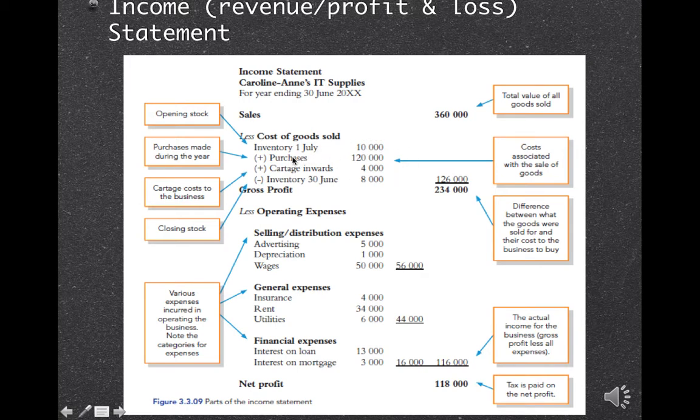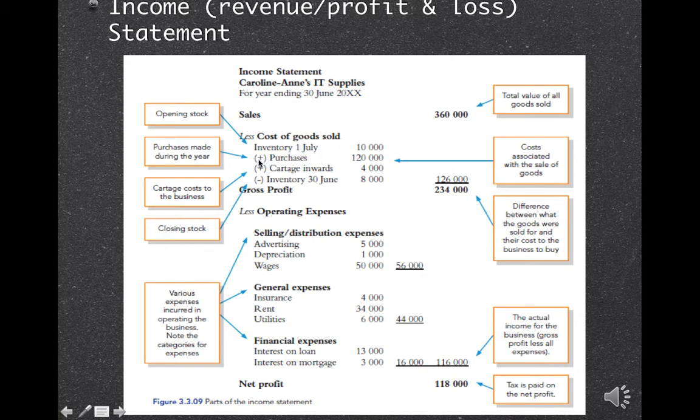Now that might be the inventory, so the raw materials, the inventory we've already got, including our purchases, and anything that we sell. So it's the cost of the goods that we sell. And importantly, cartage or delivery costs are also included in the cost of goods. Lots of people call it COGS.